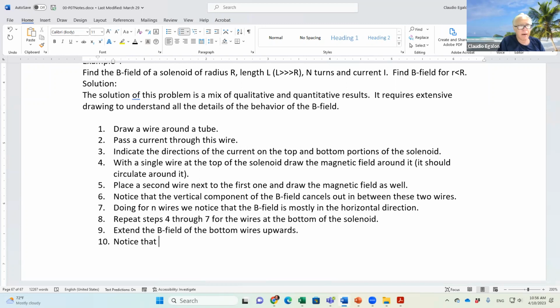Note that inside the solenoid, the B field of the bottom wire adds up to the B field of the top wires.